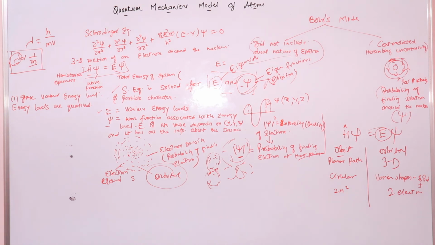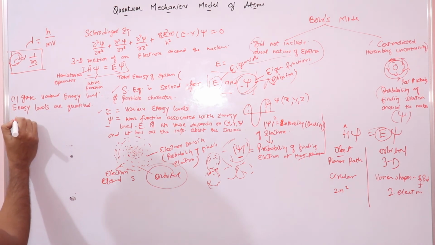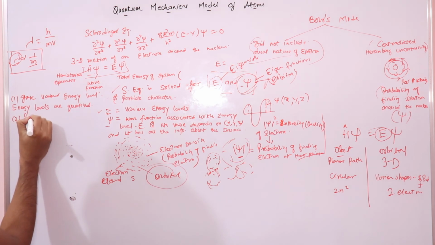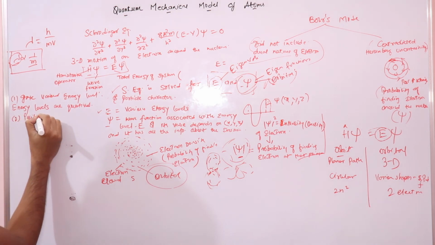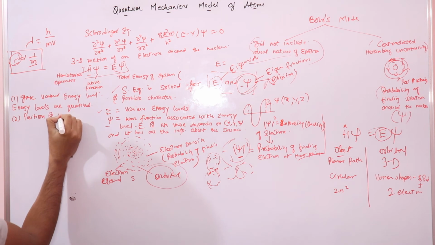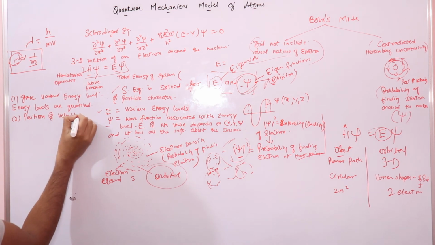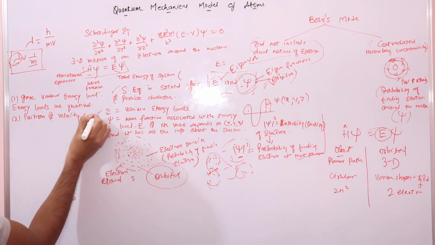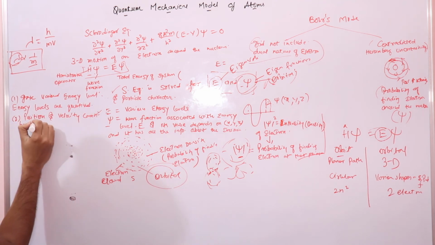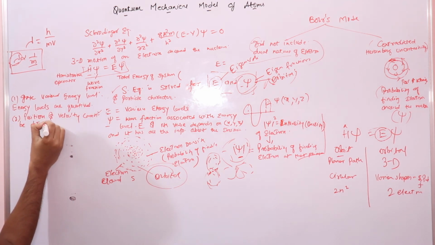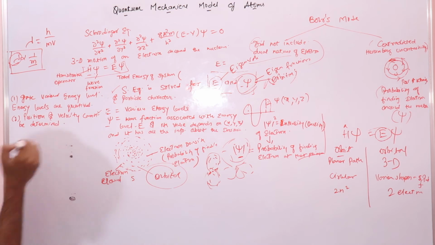That is why the second feature is that position and velocity cannot be determined simultaneously.